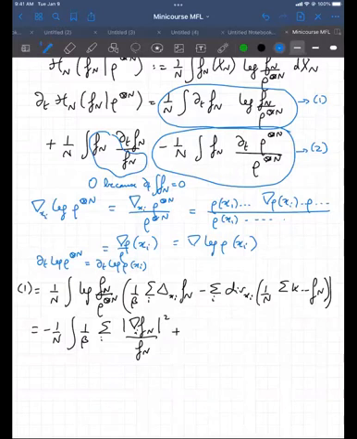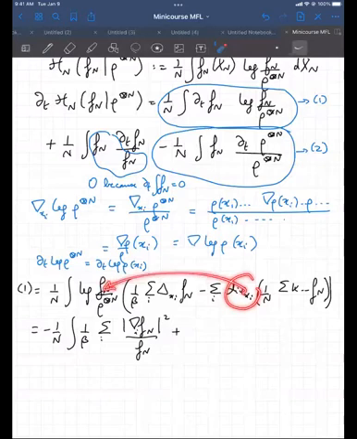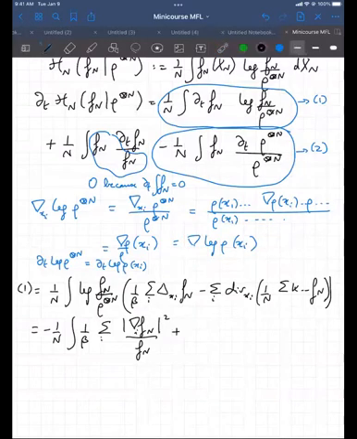Okay, so now when I have this divergence, I hit the log rho tensor n with the gradient, I just get gradient log rho. So I would get just the integral of gradient log rho of xi, and there's going to be a sum over i. And this comes with a minus. So let's see. So this is plus, so there should be a minus.